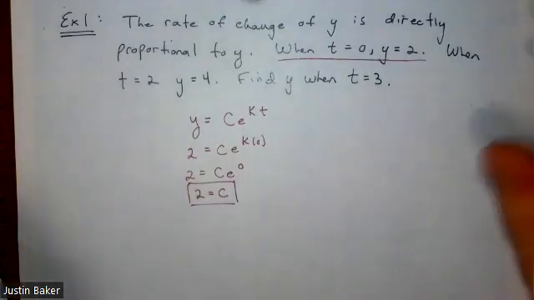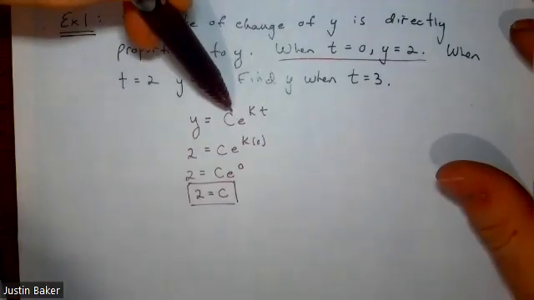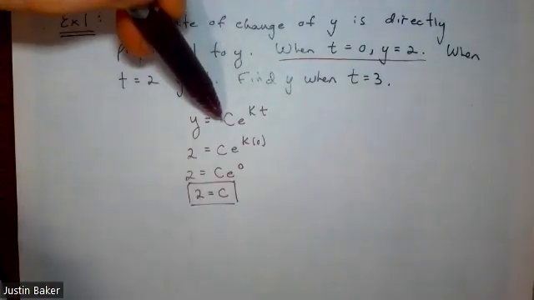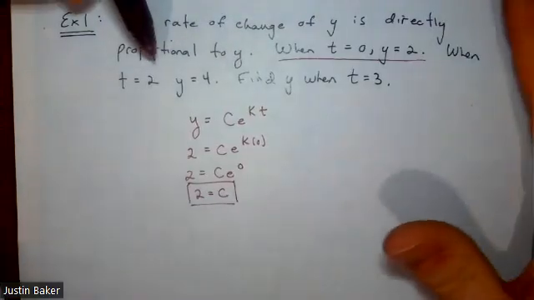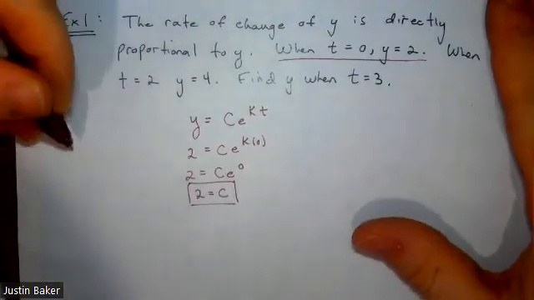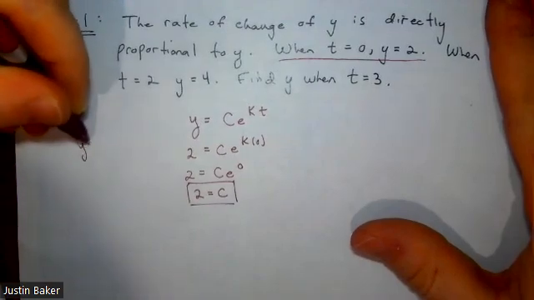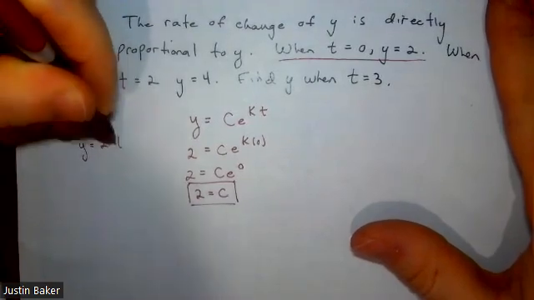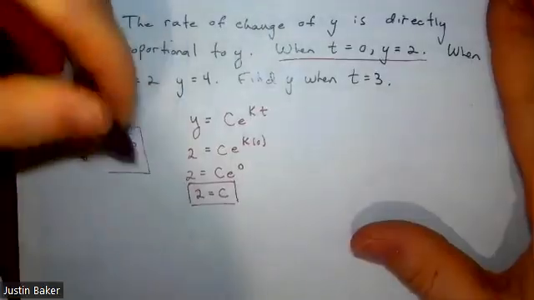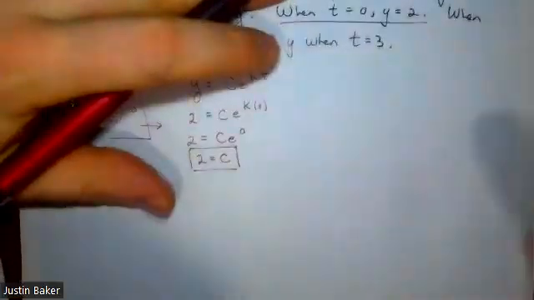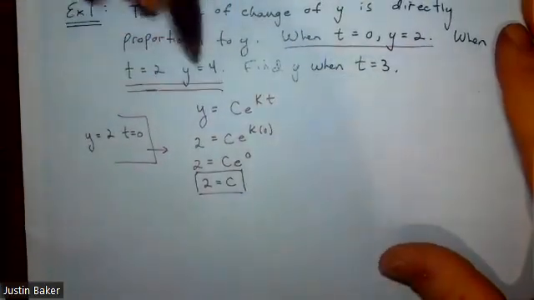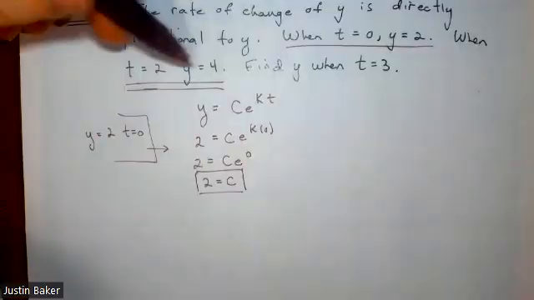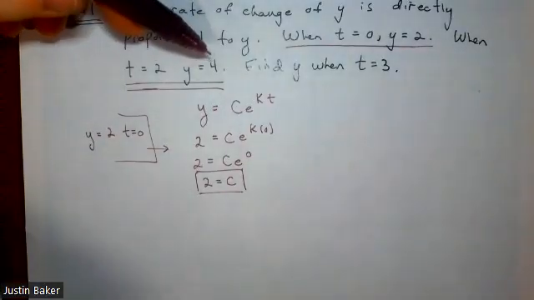All right, so now when we're looking at this formula, we now know that C is equal to 2. All right, so now we want to keep going. What's the next piece of information? So for this first piece, we were using y equals 2, t equals 0. That's what we did up here. Okay, so we're going to keep going. What's the next thing they tell us? When t equals 2, y equals 4.